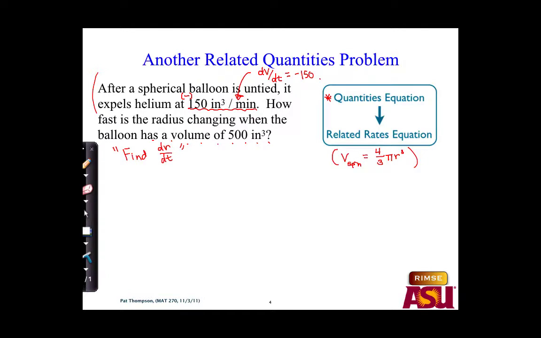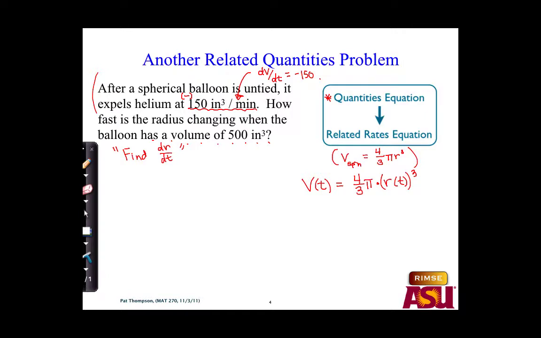But volume is a function of time, if you want to write it more explicitly like that, you can. And radius is a function of time. And the two of them are related. Let's see, r of t, I'm going to write it this way, to the third power. So now I've written it explicitly that r is a function of t and v, volume, is a function of t.